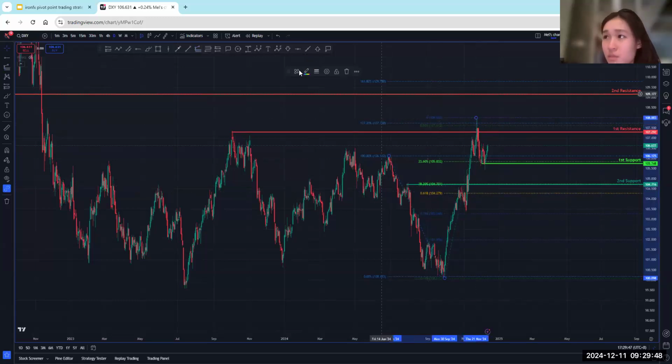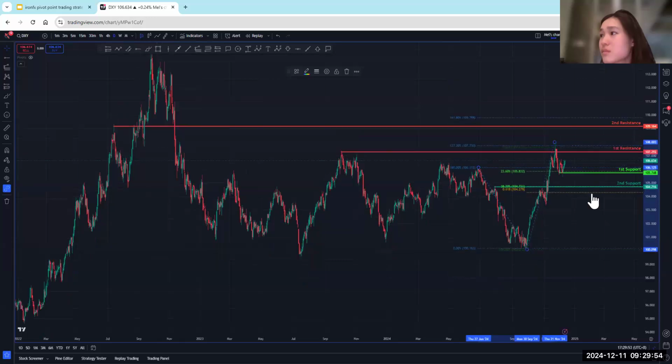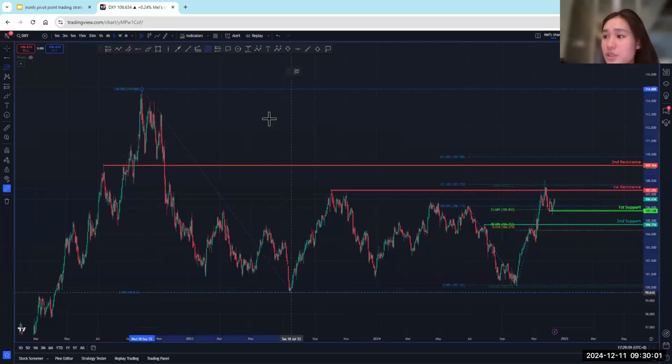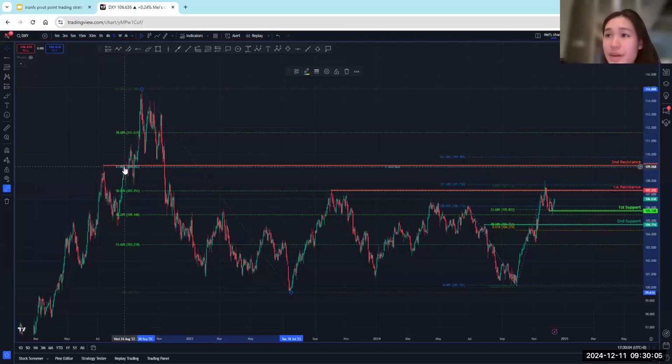Hey, my 61.8 lines up with my second support. If we zoom out, let's see if our Fibonacci retracement... okay, we have a 61.8 that lines up really nicely here and a 50%.